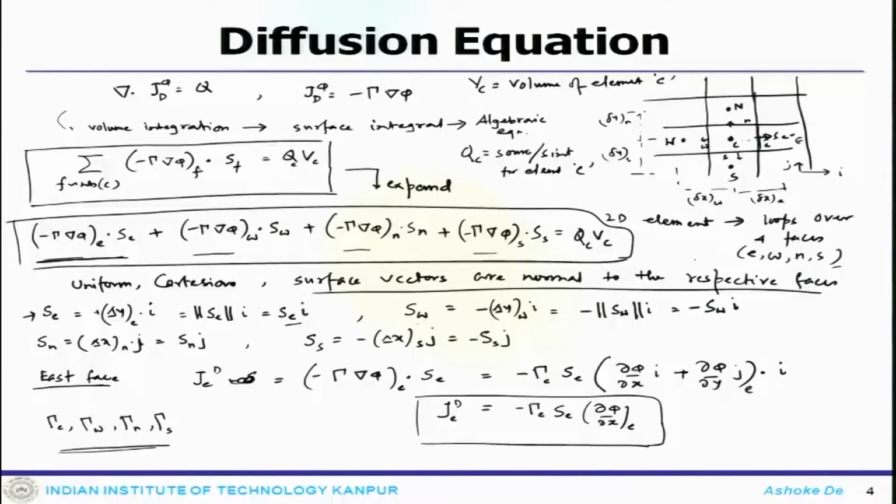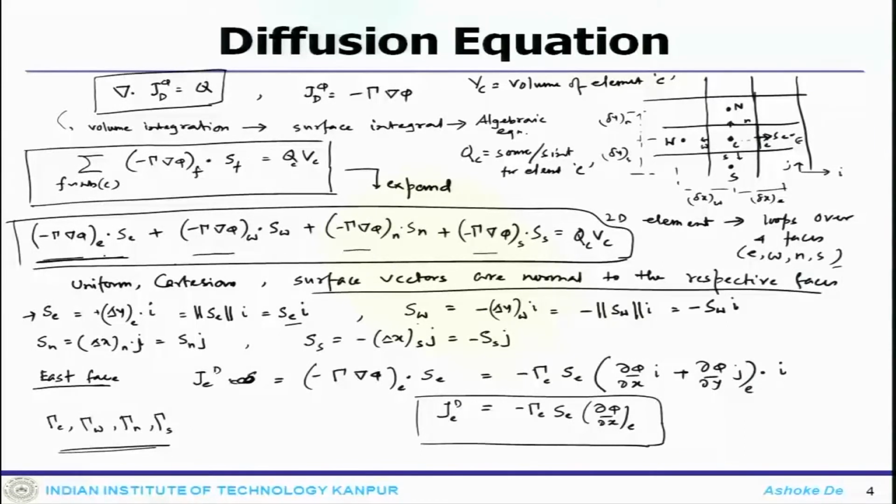This is the system that we started to discretize, our governing equation, where the diffusion flux is gamma grad phi. After the algebraic calculations, or the volume integration over that particular cell, we end up with this algebraic system. Once we expand that, we get an equation like this.